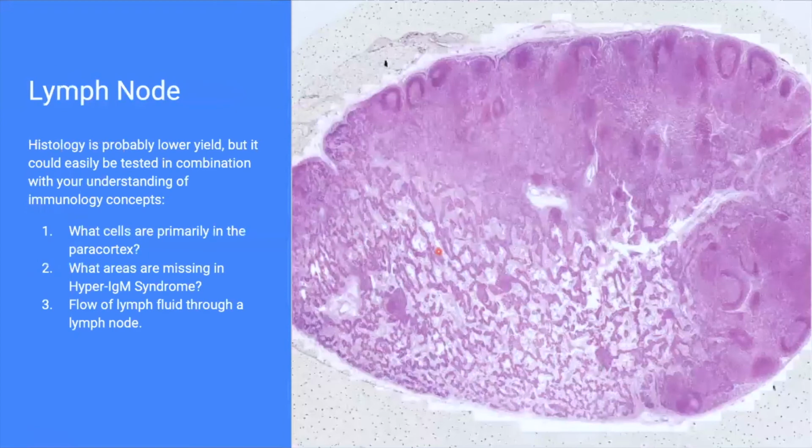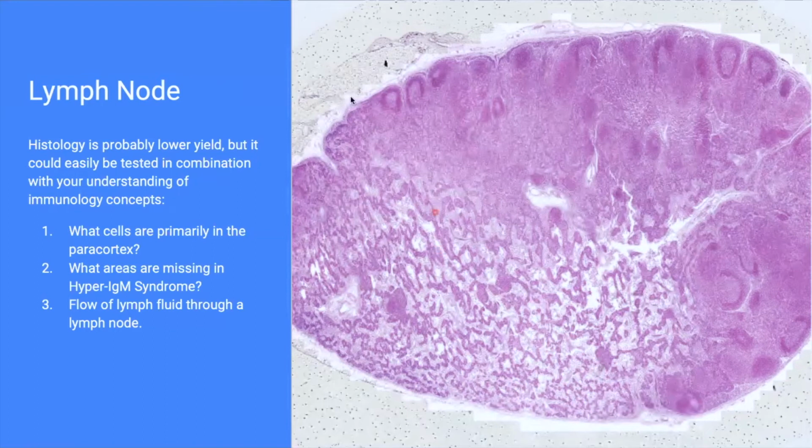Alrighty, let's transition to our lymph node histology. I'm not going to spend too much time actually talking about the portions of the histology of lymph nodes, but as far as it relates to pathologies and just basic immunology concepts, they're incredibly high yield to know.